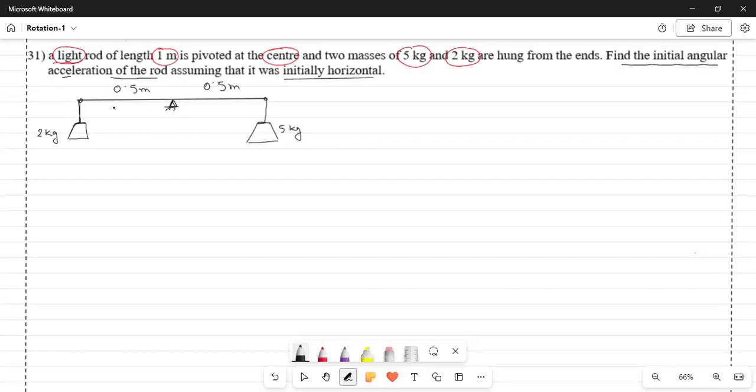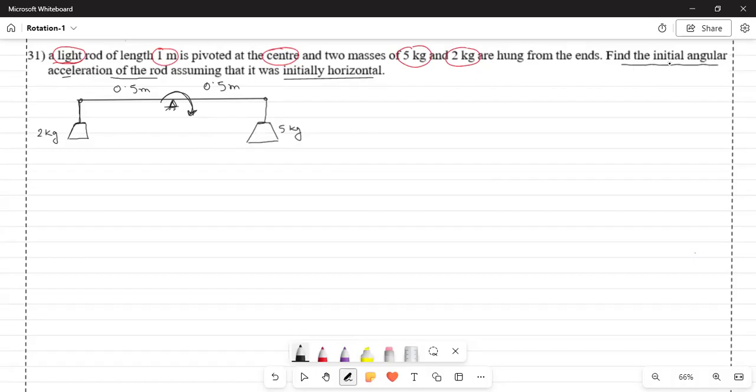Obviously, if you make an arrangement like this, the rod will start moving in this angular direction. That is because on the right hand side, the 5 kg mass will go down and the 2 kg mass will go up. Right? So, the first question is to find the initial angular acceleration.